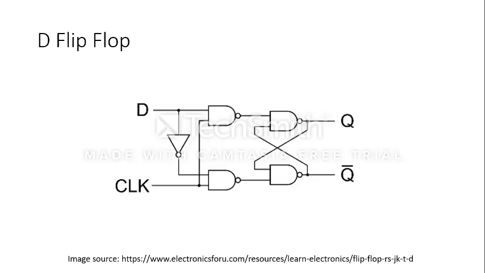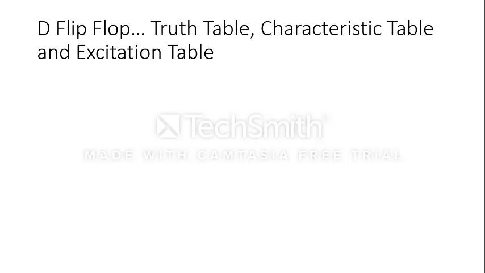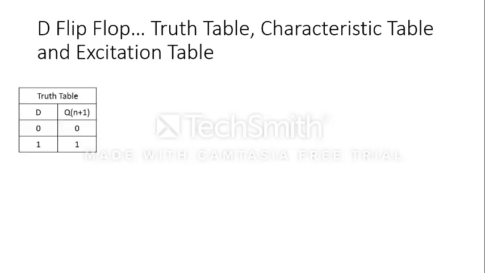for D flip-flop. So now when you observe the truth table of D flip-flop, it is in a very simple form. There is not much to it. In the truth table of D flip-flop, when you provide input D as 0, you will get your output as 0.